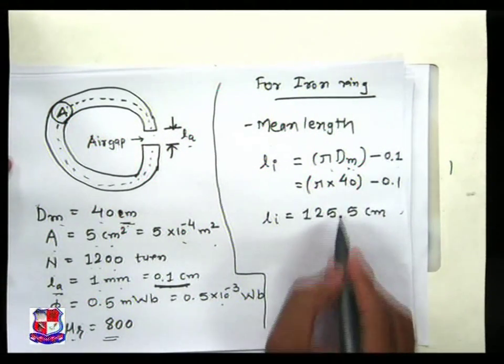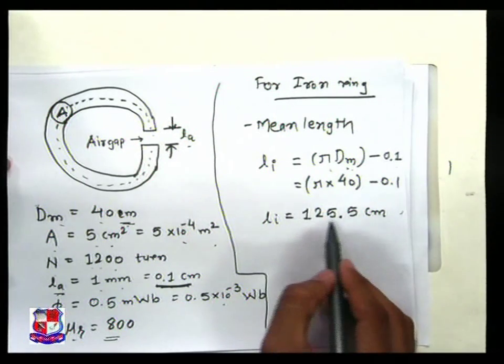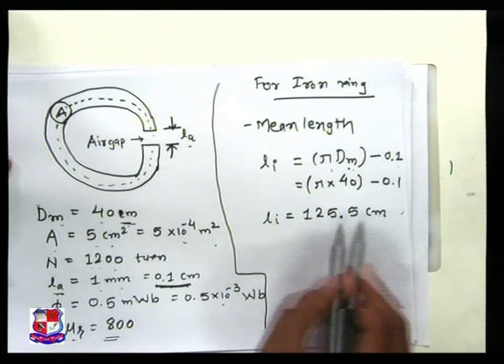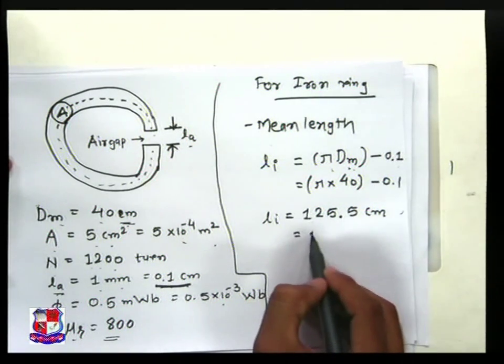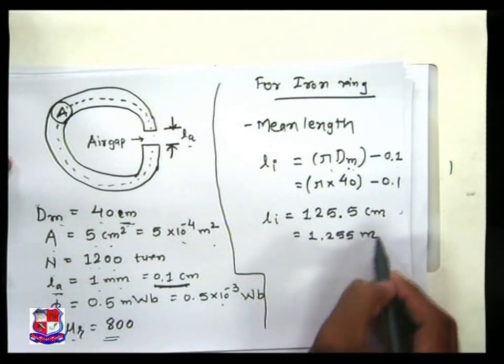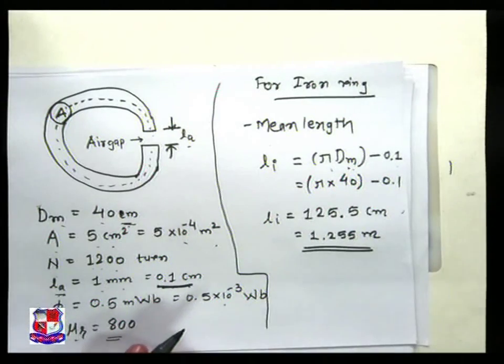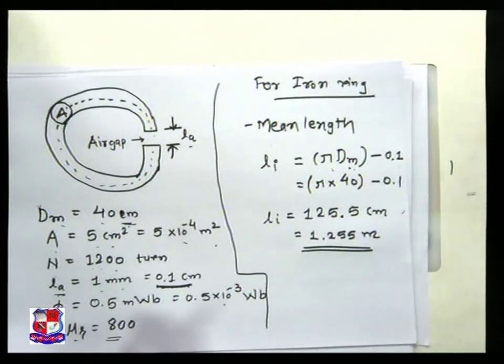So it is the length of the iron core. The mean length of the iron core is 125.5 centimeter. If I am taking 2 points ahead, I get 1.255 meter length. It is the core length or mean length of the iron core.